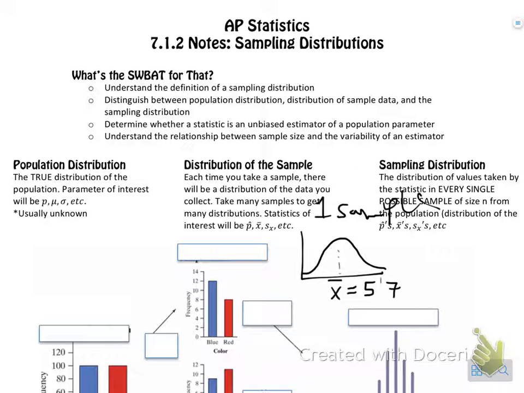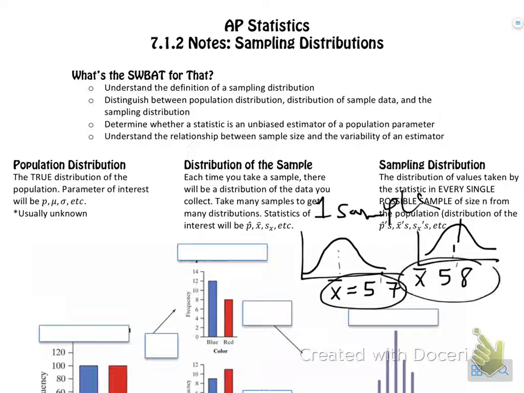And then we take another sample and the mean is 5'8" in that sample. It's my new x bar. So basically, you take every single possible sample in the entire world that you could possibly take, and then you take all of those means and you make a distribution of the sample means.